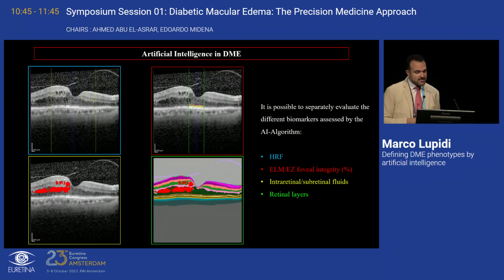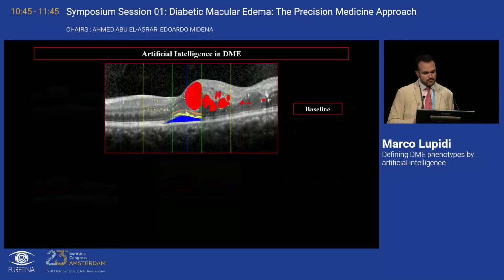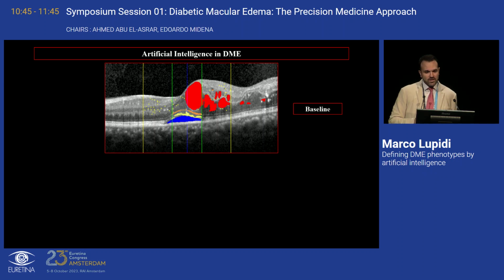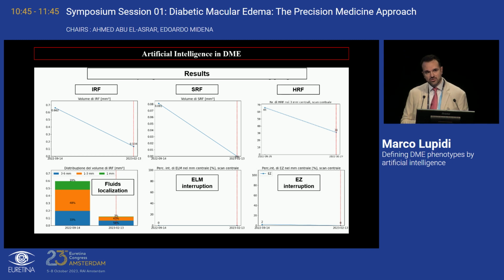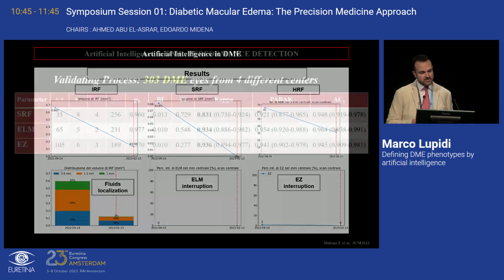We can assess them separately, highlighting the hyperreflective foci, the ELM and EZ integrity, the intra and subretinal fluid, and the whole retinal and choroidal layers. We can also evaluate them longitudinally along with the treatment, both qualitatively and quantitatively, also including the fluid localization that changes along with the treatment.